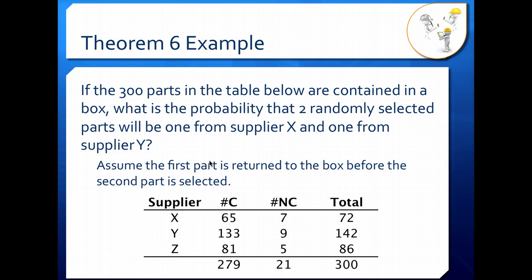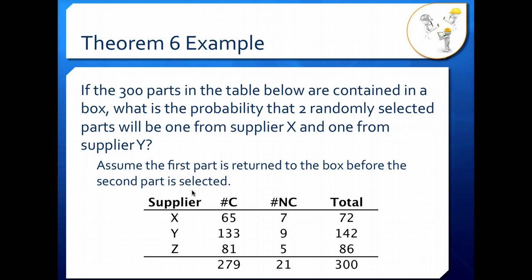Let's take a look at this example. So we're going back to our box of 300 parts. We have the same X, Y, and Z numbers of conforming and non-conforming parts, and we want to figure out the probability that two randomly selected parts will be one from X and one from Y. We're going to assume that the first part is returned to the box before we pick the second part.